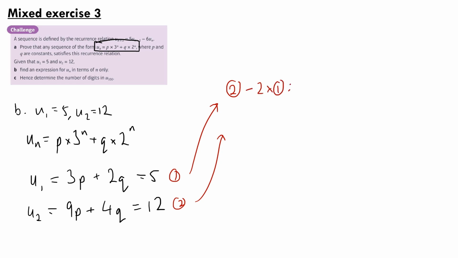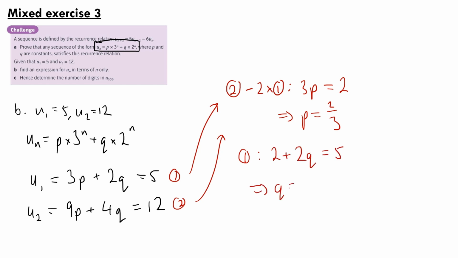So we've got 9p take away 6p gives us 3p. And the q's cancel. On the right hand side we've got 12 take away 2 lots of 5, which gives us 2. So p equals 2/3. And using the first equation, we have 3 times p, so 2, plus 2q equals 5, so q equals 3/2. And those are our solutions for p and q.